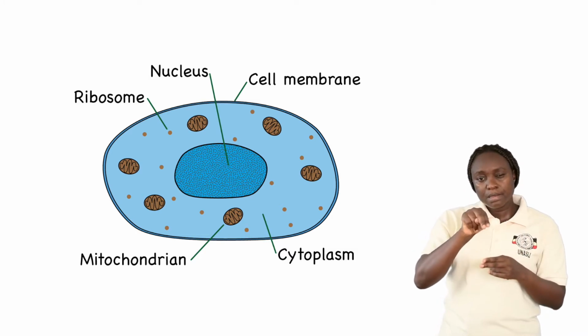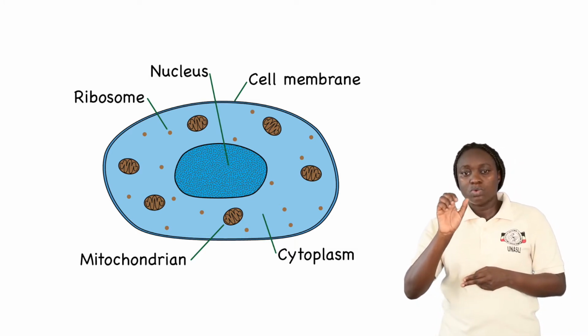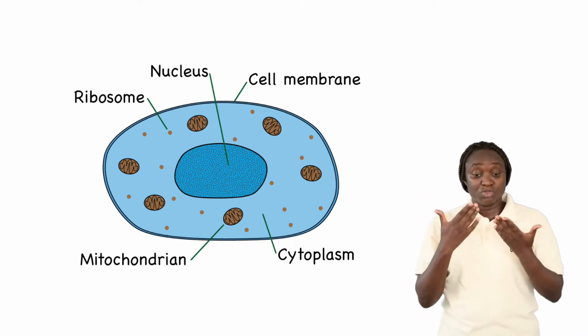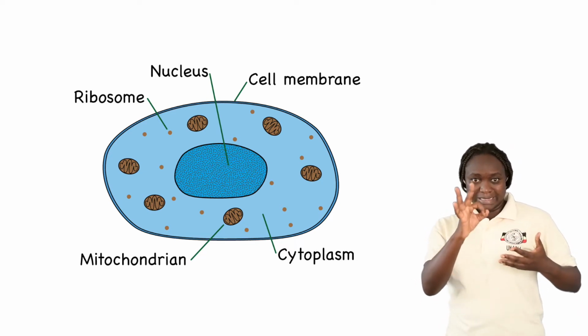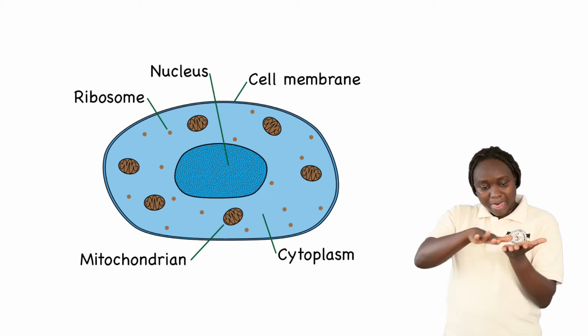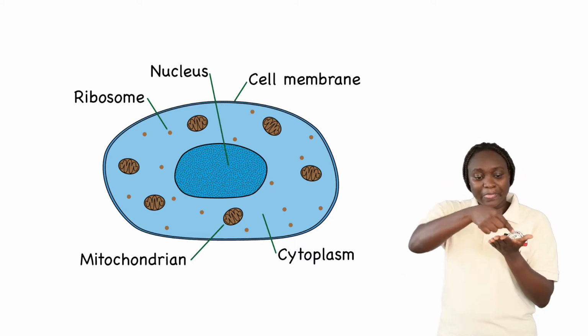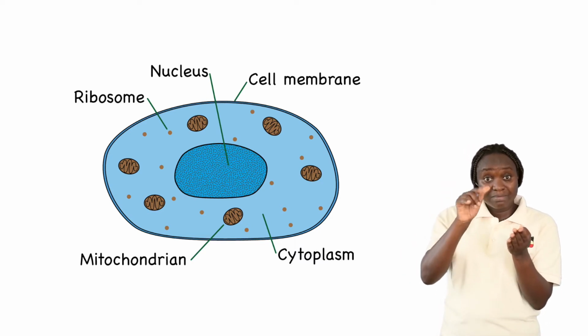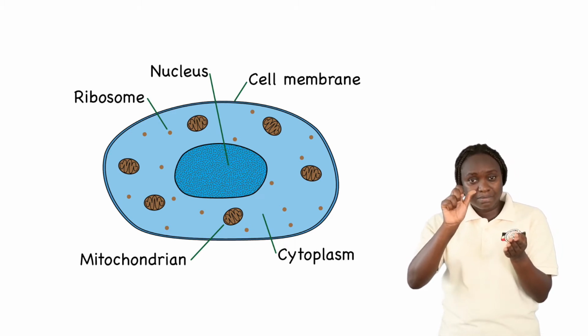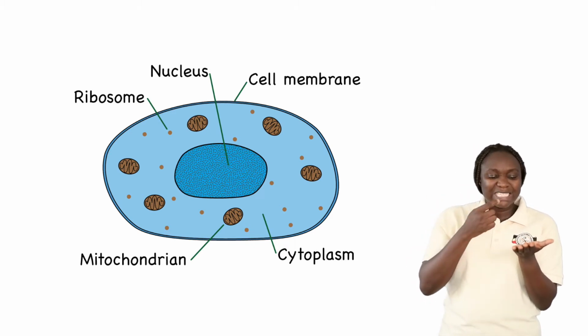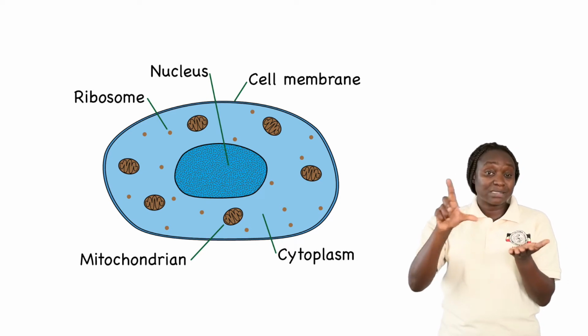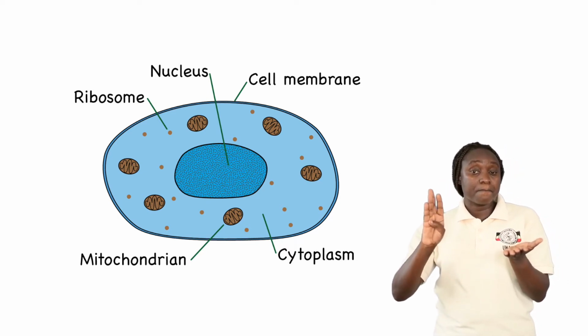Nucleus. So, an animal cell has 3 main parts. Could you repeat them? Part 1 is the cytoplasm. The other part, the thin outer part, is the cell membrane. And then the inner part is the nucleus.